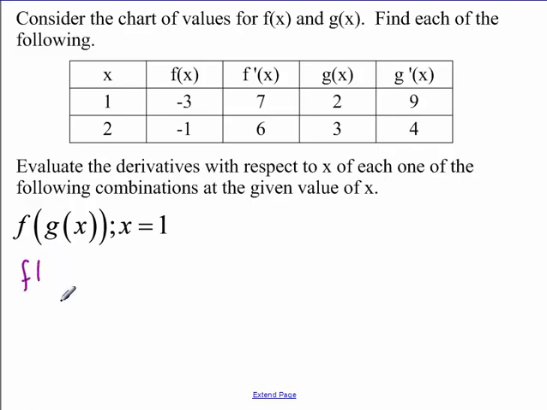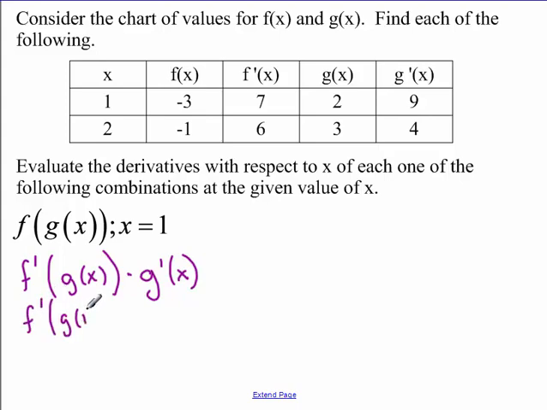Derivative of the outside function with the inside function still composed, intact, times the derivative of the inside function. Now plug in 1. And I want you showing me all of this work. I know it seems tedious, but it's important that you show me your understanding of what we're doing.